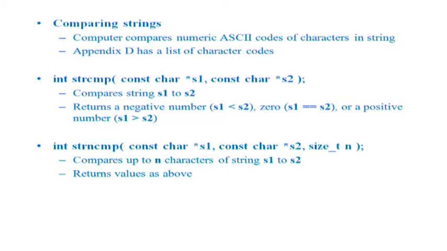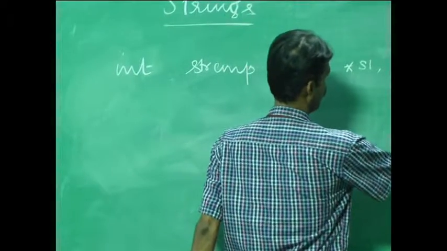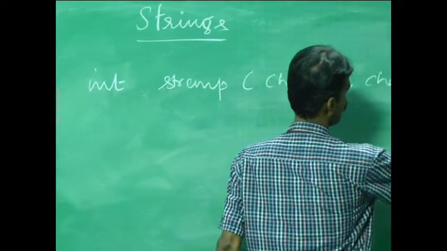Say, for example, I have a function int strcmp, with a character array s1 and then a character array s2.